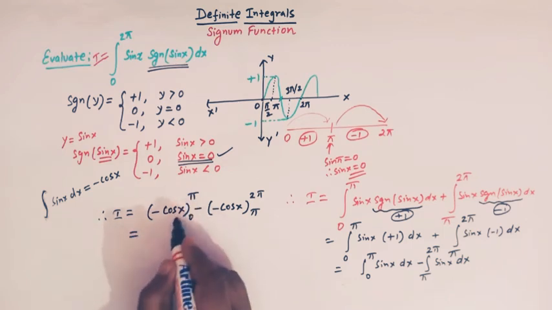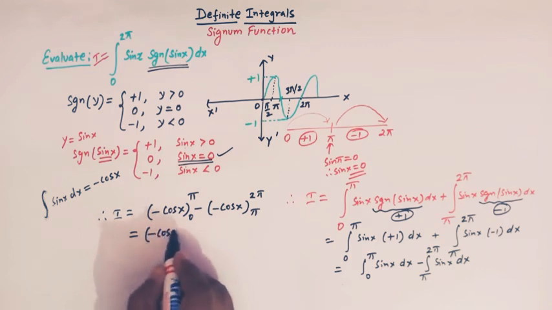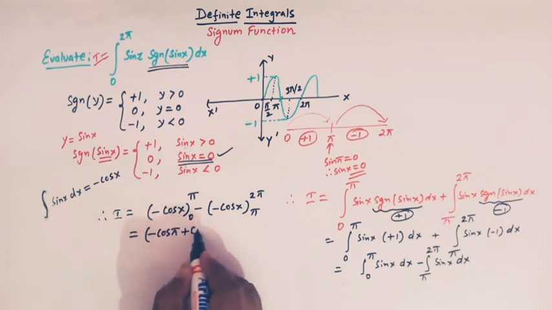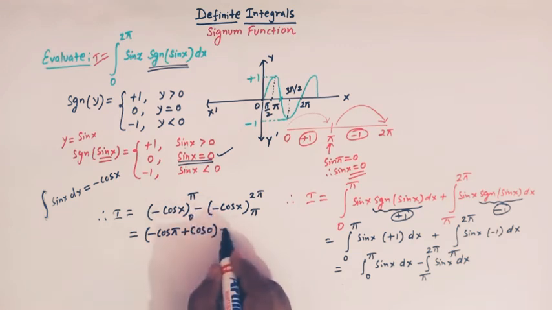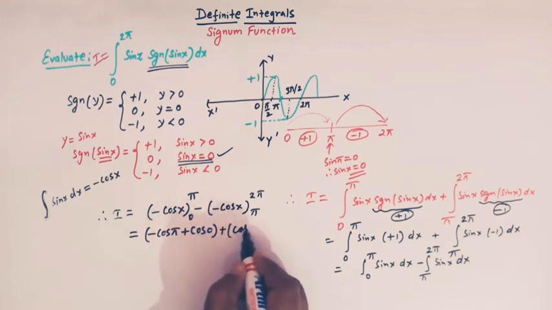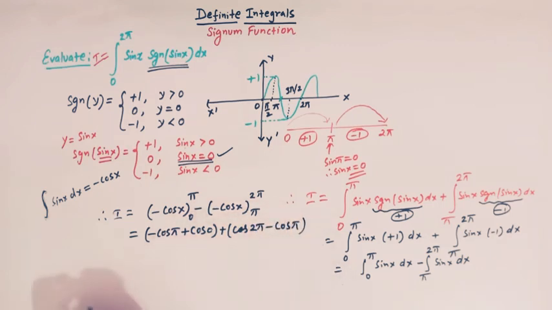Now we substitute the limits and take the difference. So we have minus cos pi plus cos 0, and here the minus and minus becomes plus, so we have cos 2 pi minus cos pi.